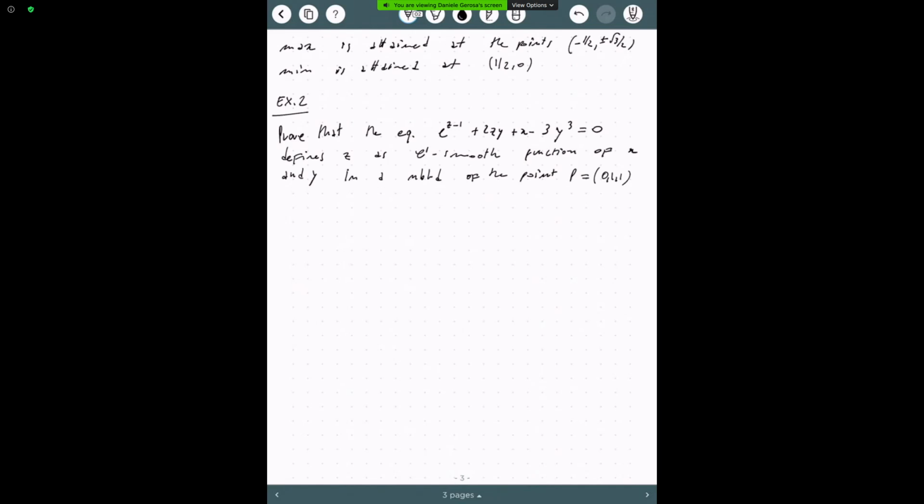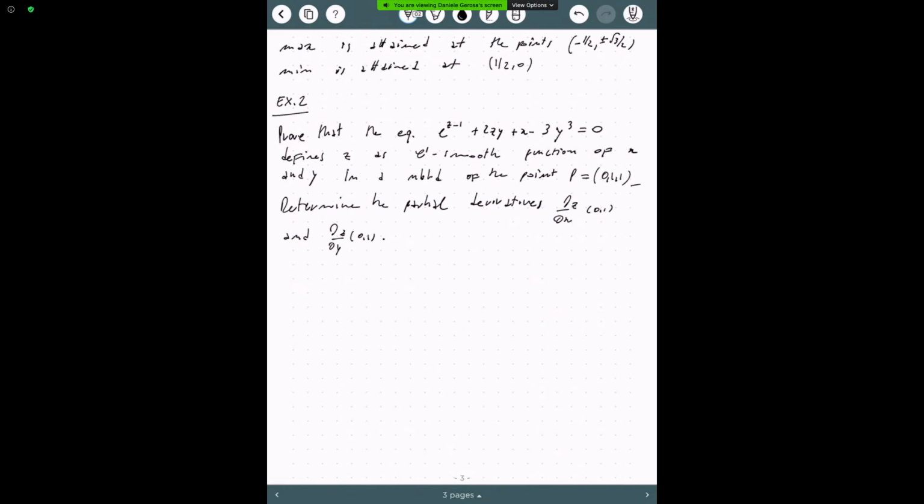And then we want to determine the partial derivatives. Determine the partial derivative with respect to x at the point (0, 1) and with respect to y too.